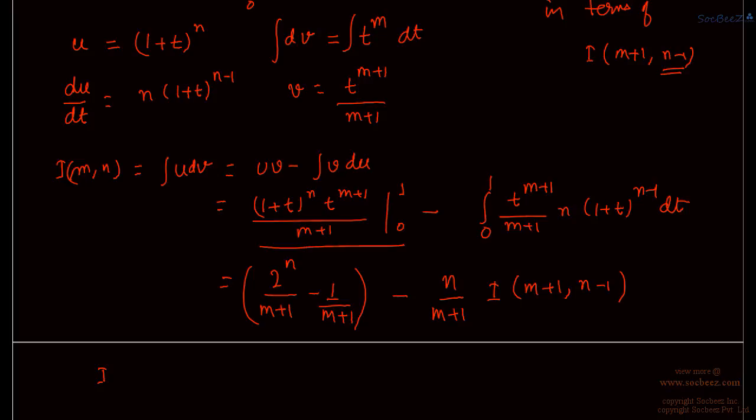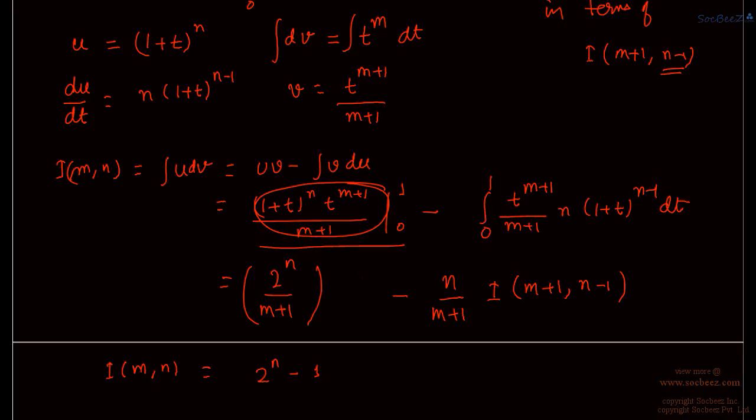So we have I m n as 2 to the power n minus 1 ... substituting 0 in this expression, we are getting 0, right? We are not getting 1, so this is 0.